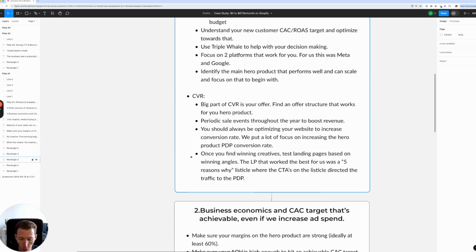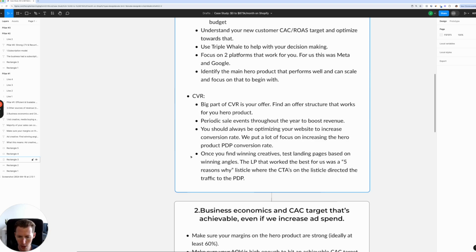The landing page format that worked best for us was a 5 reasons why listicle, where the CTAs on the listicle itself directed the traffic to the PDP. So they go from ad to listicle to PDP, and then they purchase. The listicle was great because it added a step of education, right? So rather than creating friction in the sales process, it added an education step.